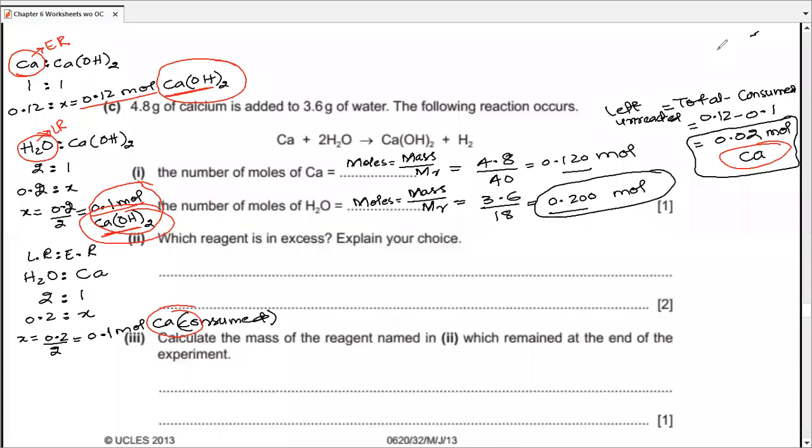And using the ratio of H2O to CaOH twice, which gives us 0.10, we conclude that the latter, 0.10, is the limiting reactant since it's the smallest of the bunch.